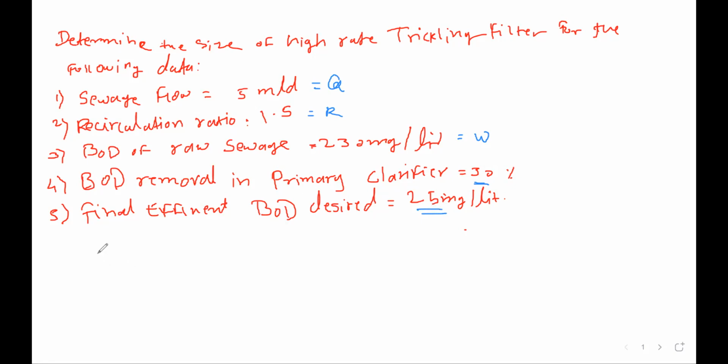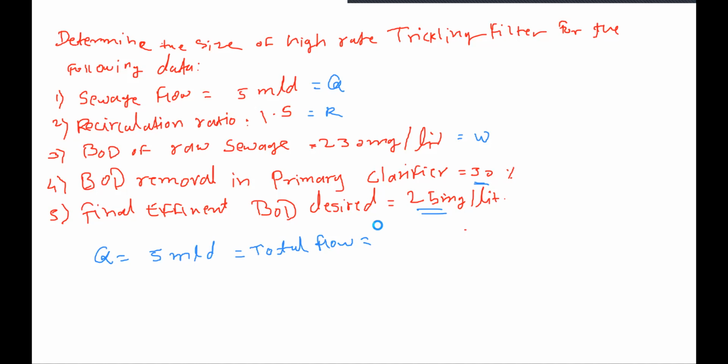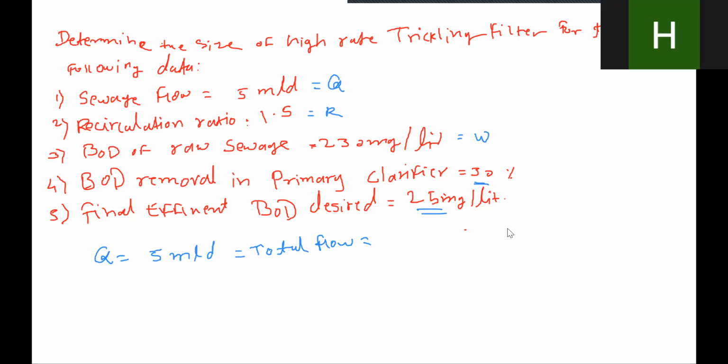So from that, first of all, Q is equal to 5 MLD. That means total flow is given as 5 into 10 raised to 6 liter per day.